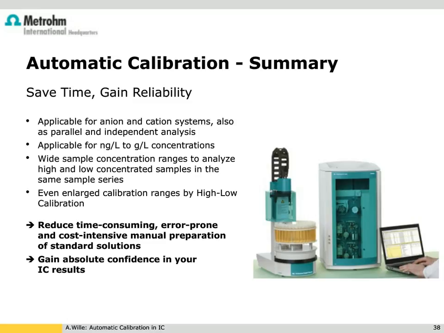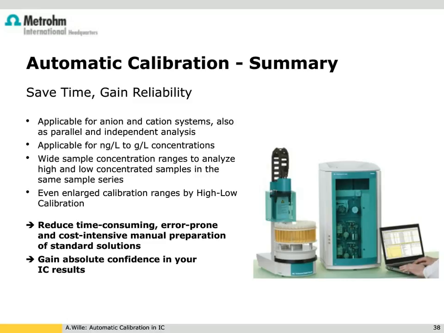You remove your anion column and the suppressor, and then you rinse your system with water, ultrapure water, and then with the cation eluent, and then you install your cation column and wait until the system is conditioned. So usually 1 hour for that. So 2 dedicated systems, it's only recommended if we speak about trace analysis, ultra-trace analysis, where it takes time to rinse out all contaminations from one to the next type of analysis.